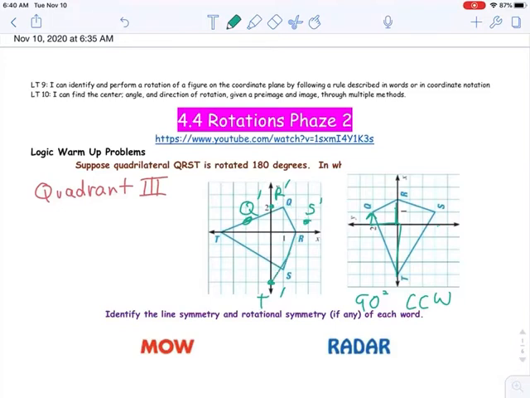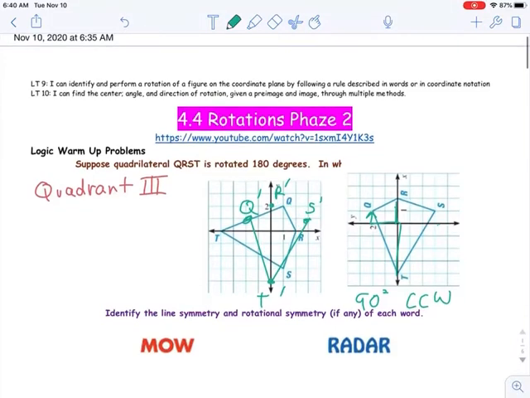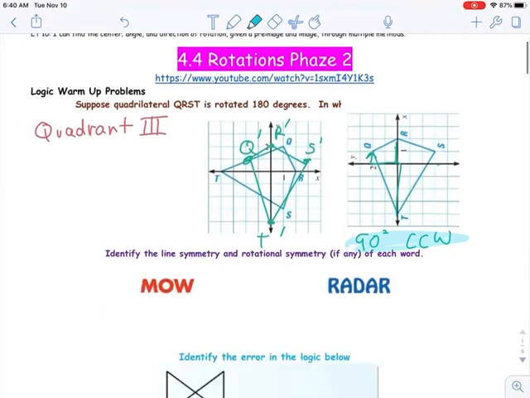Another quick way, you can physically copy, cut and rotate on Notability and do your rotations like that. That was just a quick example of a 90-degree rotation. Pretty cool.